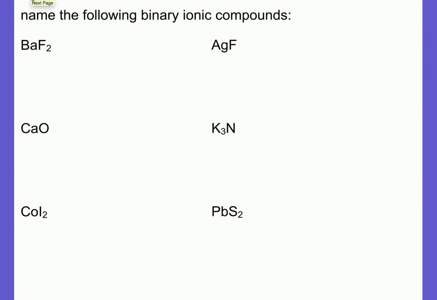But here's our other scenario. Sometimes you're going to have to name the ionic compound given a formula. And really, this is the easier of the two things that you need to be able to do. All you have to do is recognize what it is half the time, so you don't really need to care what the charge is. You just need to know what it is.